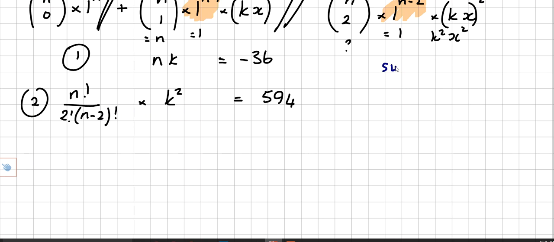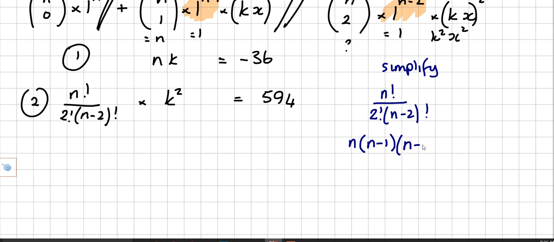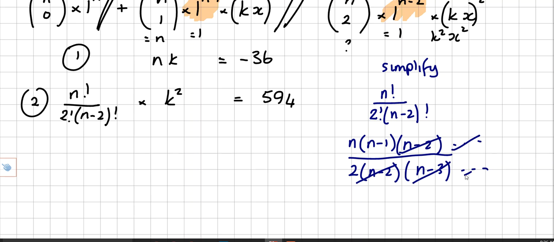So let's simplify n factorial over 2 factorial times n minus 2 factorial, this is what we did yesterday by the way. So that would be n times n minus 1 times n minus 2 and so on forever, over 2 times n minus 2 times n minus 3 goes on forever. So they cancel and cancel.